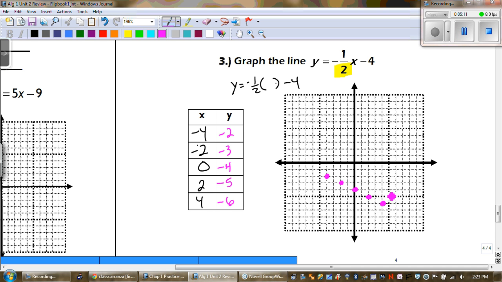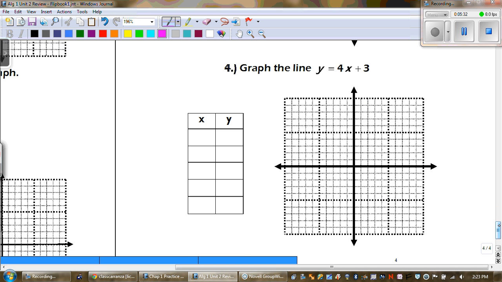Okay, so there are our points. And now I'm getting my ruler, making sure it goes through all of the necessary points. And remember that when we draw this, we've got to go all the way through. And there you go.